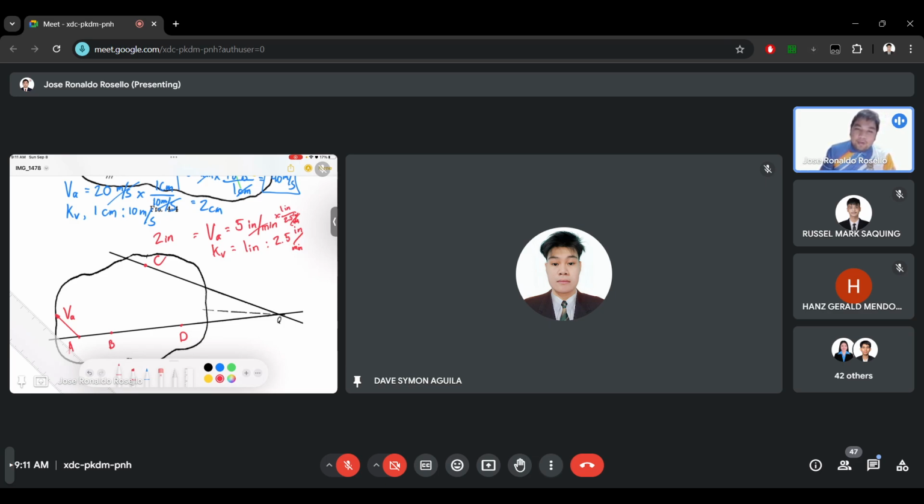What we did earlier, I made a direction sense on B, then made a proportionality line. For this one, the direction sense is not given. So how do we determine the velocities at point D and point B? Wait, the point is actually reversed.